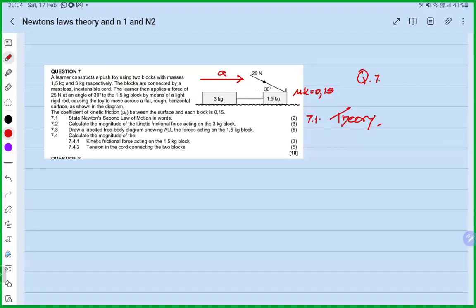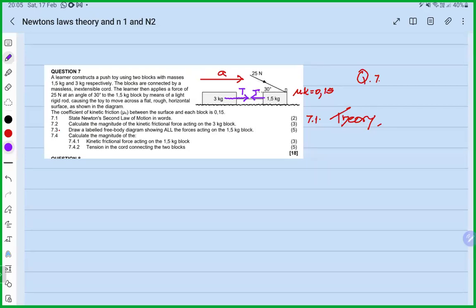Now, I would actually start off with the free body diagrams. Although it's actually asked in 7.3, I would just go ahead and actually draw the free body diagram for each one of them. I just want to emphasize this again, that your tension force is going to be acting away from your masses here. It's something new to the grade 11s. They haven't done this before. And I just want to emphasize the direction of the tension.